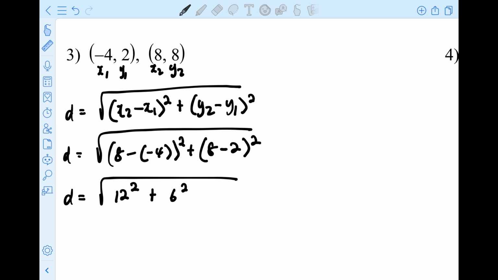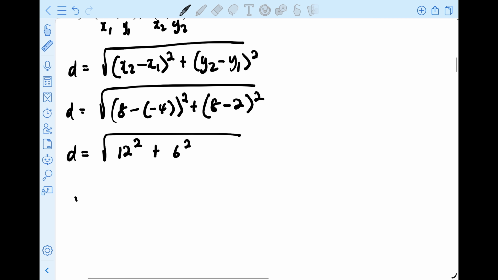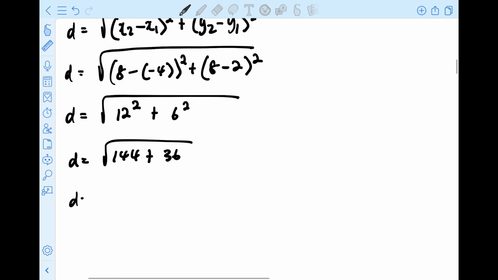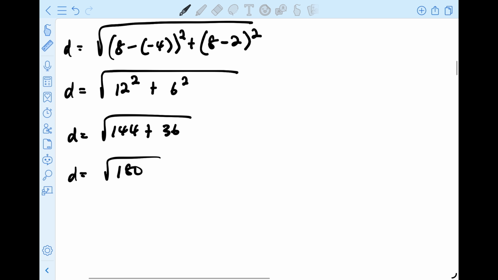And so what happens is that distance will become the square root of 144 plus 36. And this will give us the distance being equal to the square root of 180. 144 plus 36, that's 150 plus 30 is 180. Now, again, this is a radical that I need to simplify.